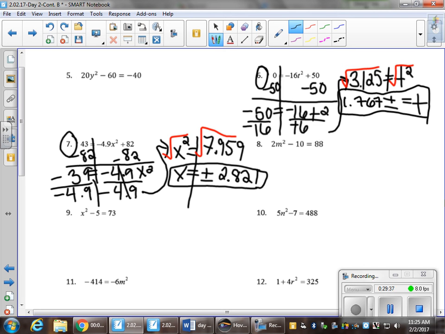The square root would be this. When you have x squared and you take the square root of that, it becomes x. So then that's the square root of 78?